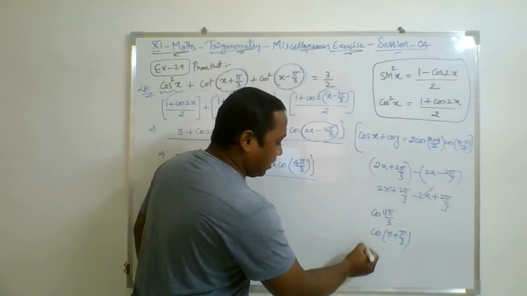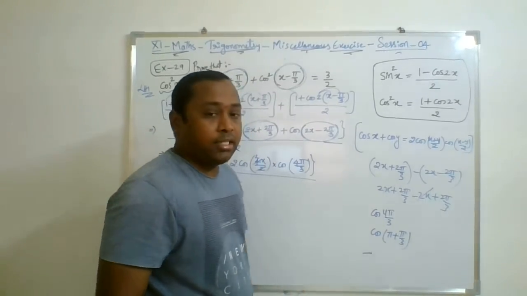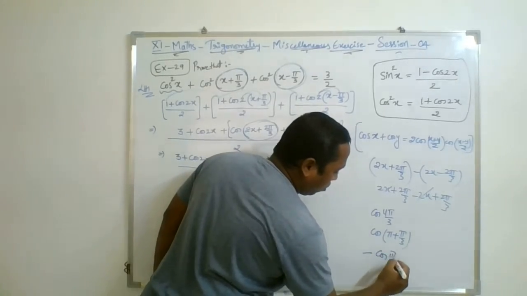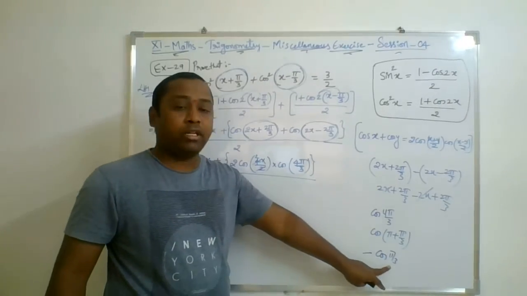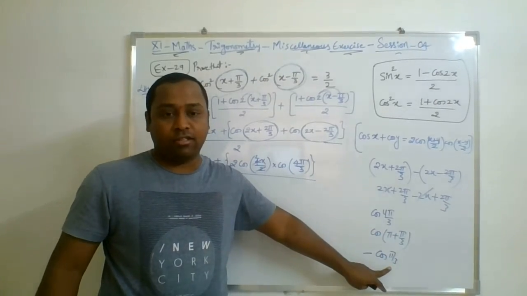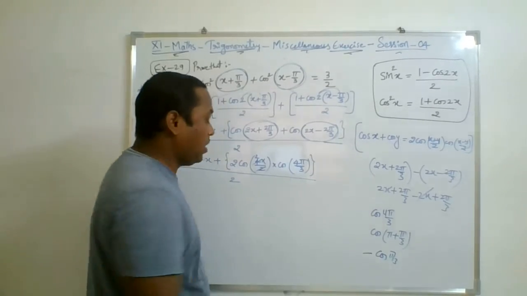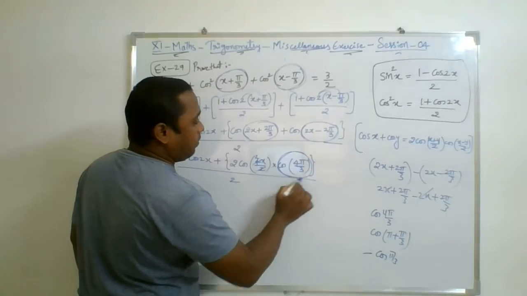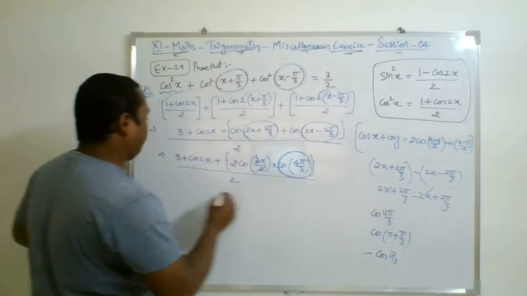So cos of pi plus theta is minus cos theta. Cos 180 plus theta. So cos pi by 3, and what is the cos pi by 3 value? That is cos 60. Cos 60 is 1 by 2. So the final is minus 1 by 2. So the cos 4 pi by 3 value is minus 1 by 2.